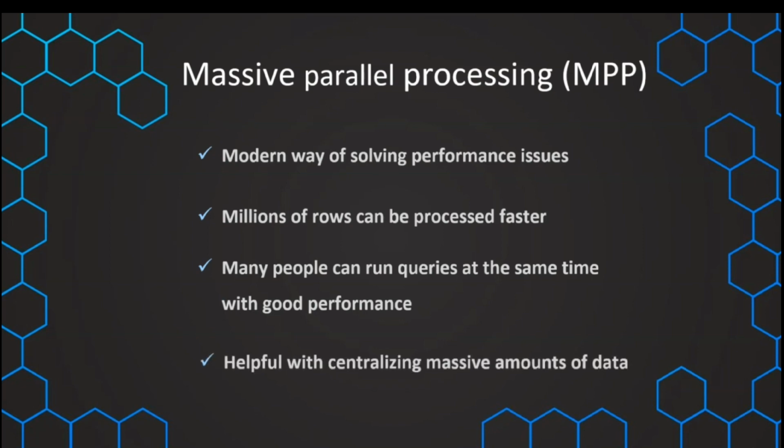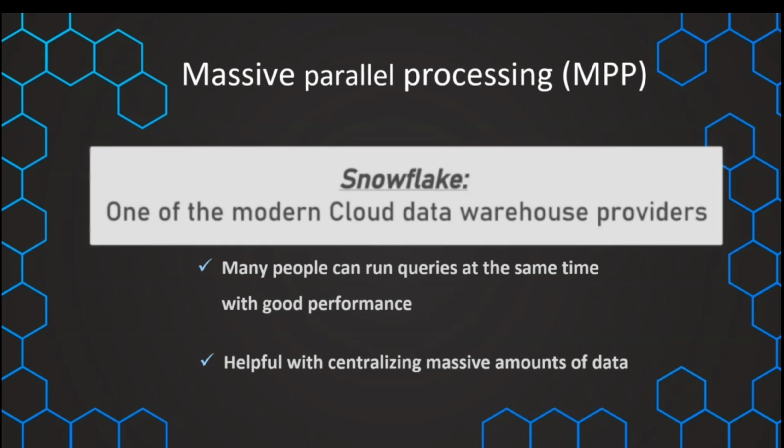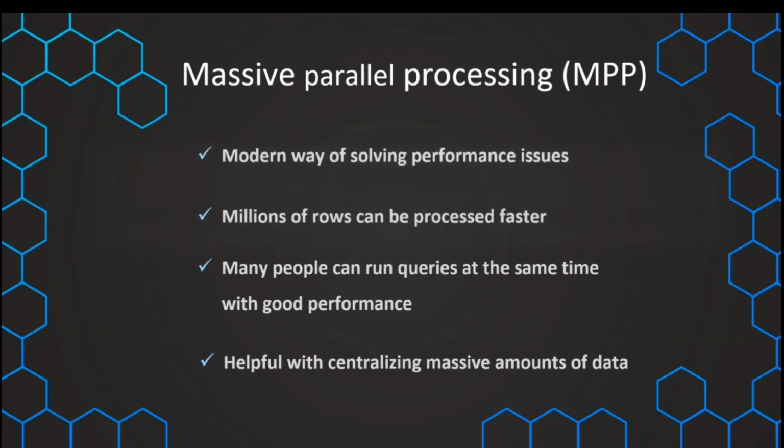And with that, we have now a solution that is helping us with centralizing massive amounts of data, where many users need to also query from this data. So this is a very important technology that is used nowadays by many cloud data warehouse providers, such as, for example, Snowflake. So this is one of the important modern technologies that is used to ensure a high query performance.